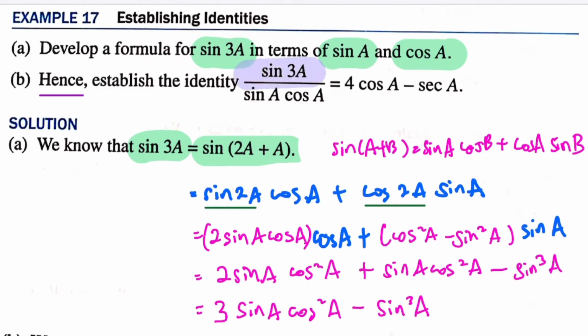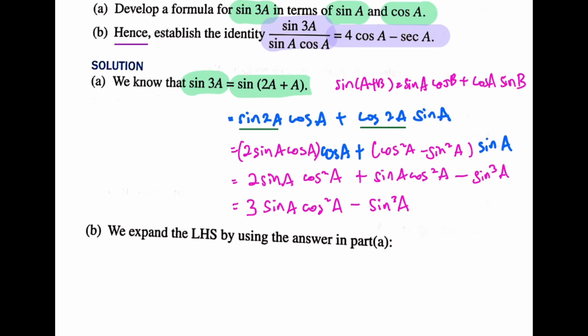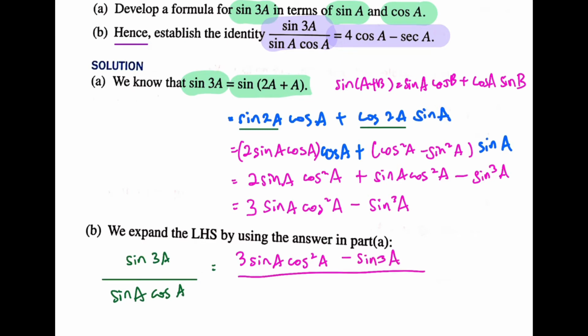You need to show that sine 3A over sine A cos A is equal to 4 cos A minus secant A. Now let's start with our left hand side. Then substitute the value for sine 3A. This is 3 sine A cos squared A minus sine cubed A, divided by sine A cos A.